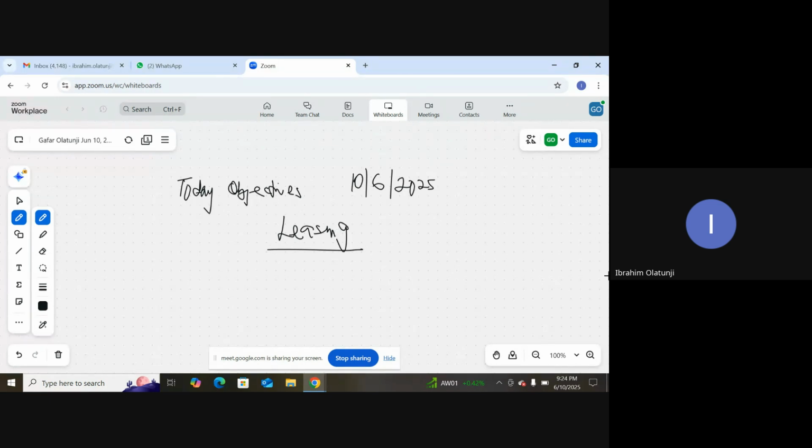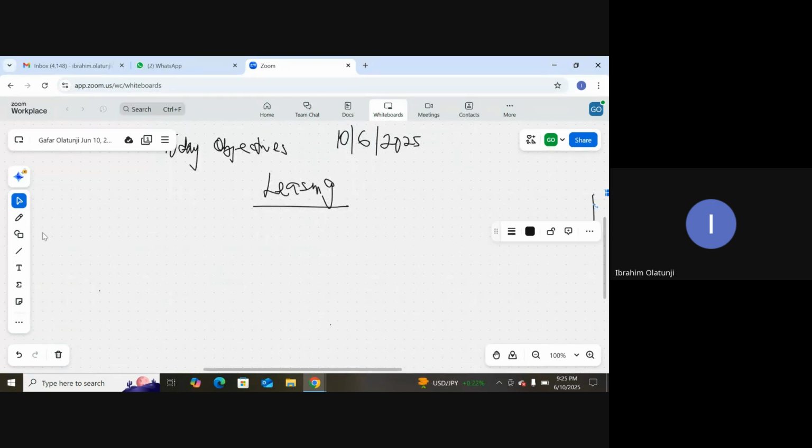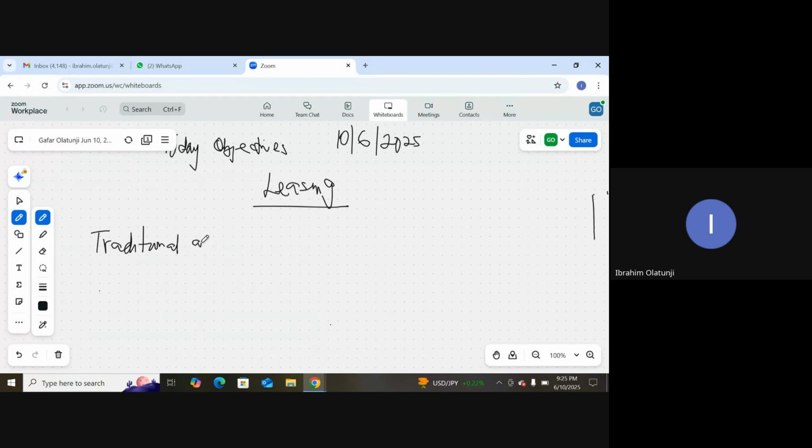As I explained yesterday, we have two methods of computation of leasing. Number one is the traditional approach, and the other one is the modern approach.